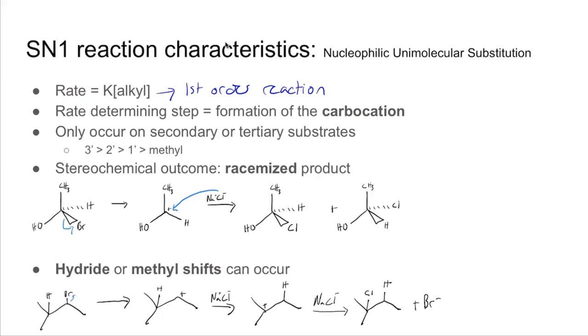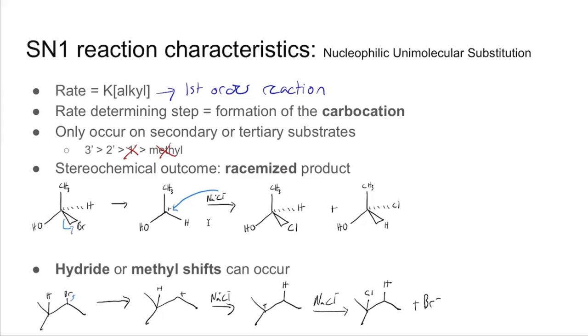So that's why I'm going to go ahead and cross out primary and methyl, because you won't generally see SN1 reactions occurring on those substrates because their carbocations would be just way too unstable. Lastly, in regards to stereochemistry, we create a racemized product when we have an SN1 reaction.